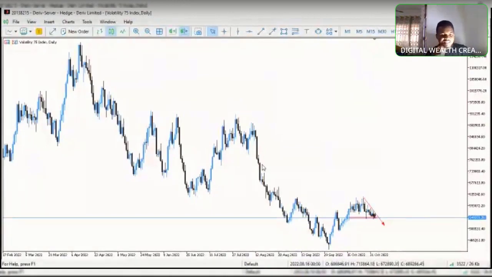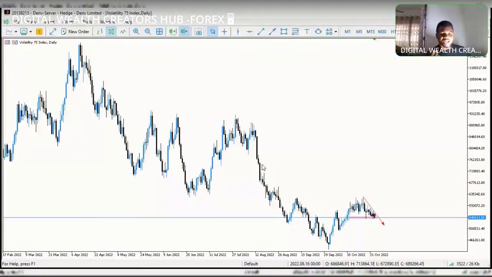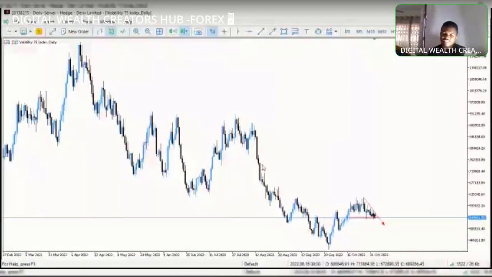The reason being that a tweezer top or tweezer bottom formed on a daily time frame, the daily time frame is a higher time frame. So any structure that forms on a higher time frame is more likely to be respected on a lower time frame. Of course, we are not going to be using the daily time frame to enter our trade or to take a position, because we are not swing traders or position traders.